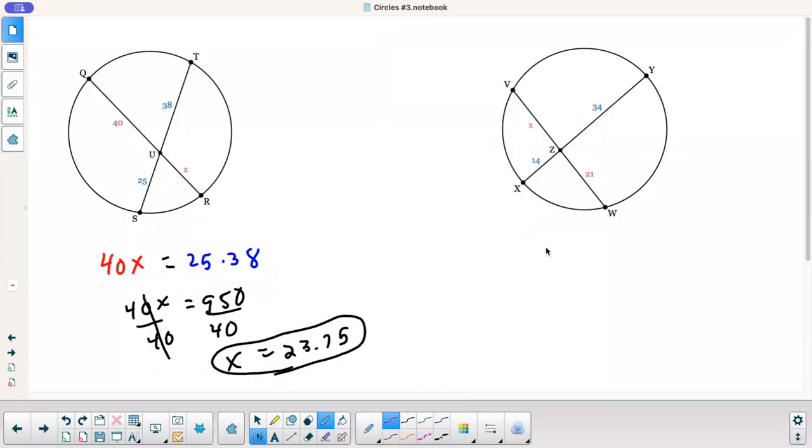Okay, I come over here. x times 21 equals 14 times 34. So I'm going to make that 21x instead of x times 21 equals 476.